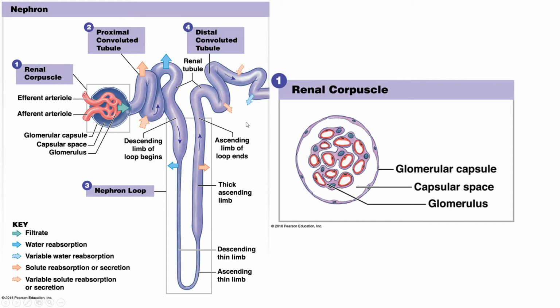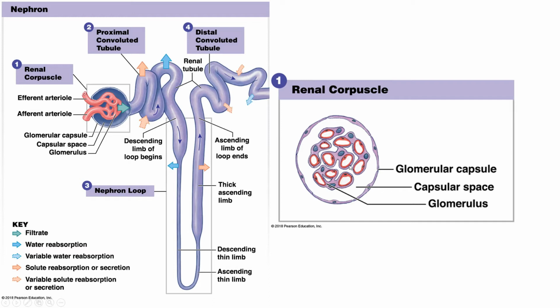And so again, this is a globe-like structure which consists of a parietal layer, and this parietal layer is actually an extension of the proximal tubules, but this is a simple squamous epithelium. The visceral layer is going to be made up of modified epithelial cells called podocytes. And so here are the podocytes right here.